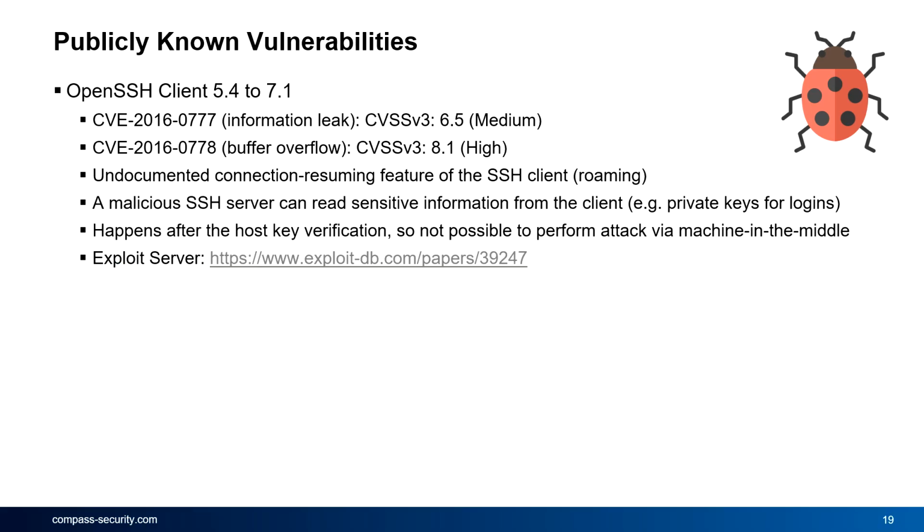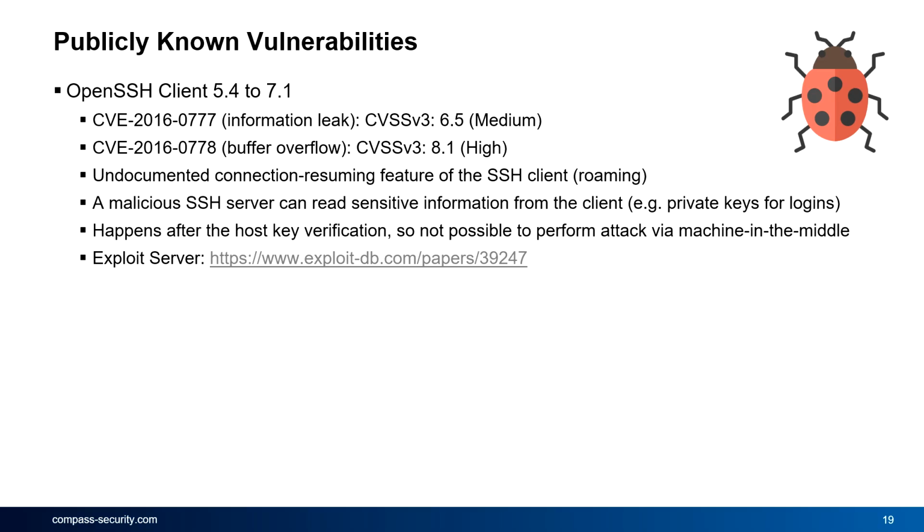In 2016, two vulnerabilities were disclosed in different versions of the OpenSSH client implementation, where a malicious SSH server could read sensitive information from the client. So this could be, for example, private keys to perform logins.